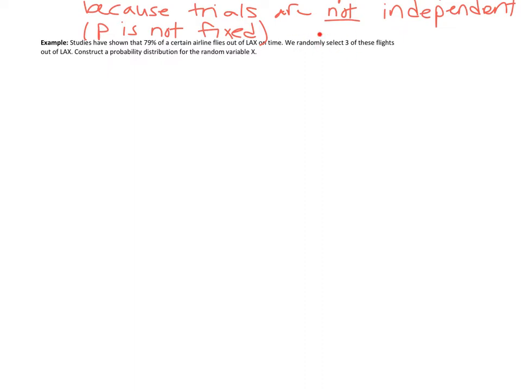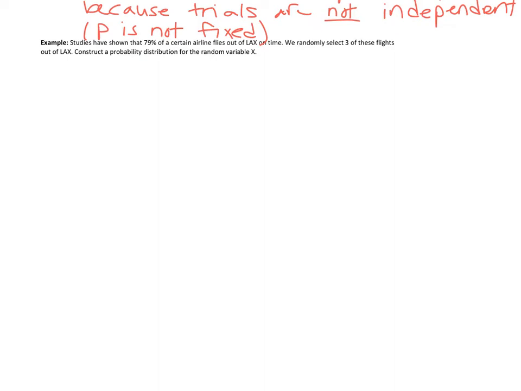Independent because it's random. Each trial has 2 disjoint outcomes, on time or not on time, and the probability of success is the same. So it's a binomial probability experiment, and we're going to start getting information about the binomial random variable x by constructing a probability distribution.